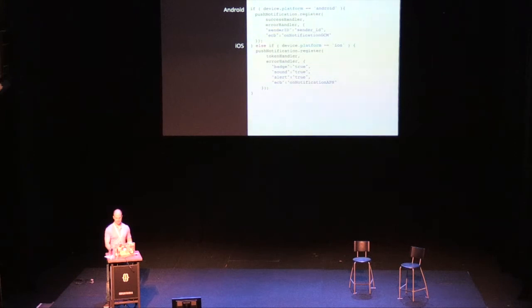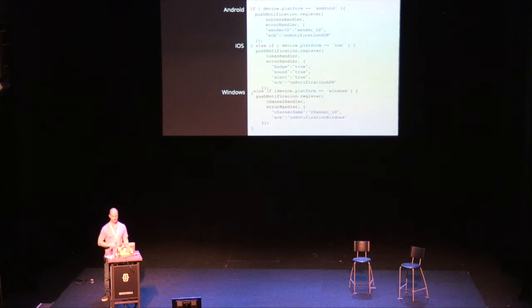All right, it's getting kind of ugly. And then we add Windows to this, and all of a sudden we have more data to send, including the channel name, because Windows uses a URL to indicate what application you're talking to. And again, on notification, we now have a third method that we have to write in order to handle incoming notifications.